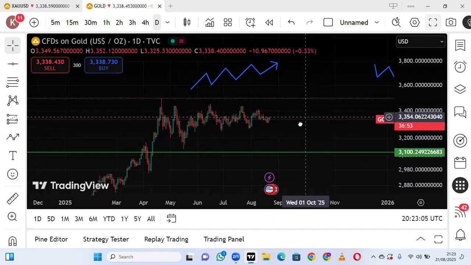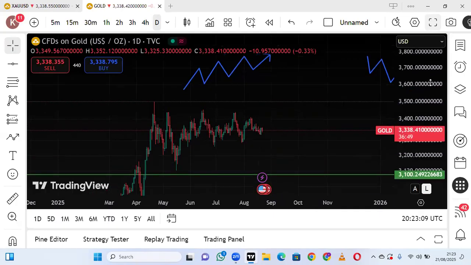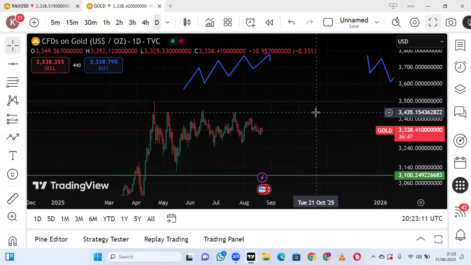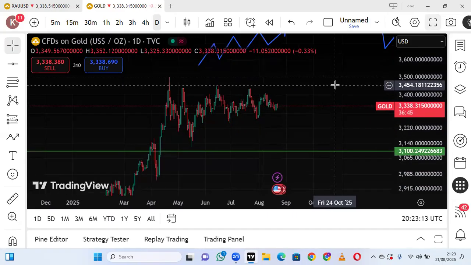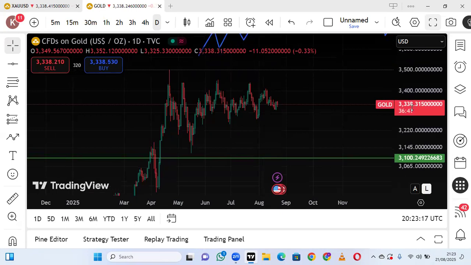Zooming into the smaller time frame like 15 minutes, just like the theory I sent to you in the group today. Narrowing into smaller time frame will make you position your stop loss at the right point.